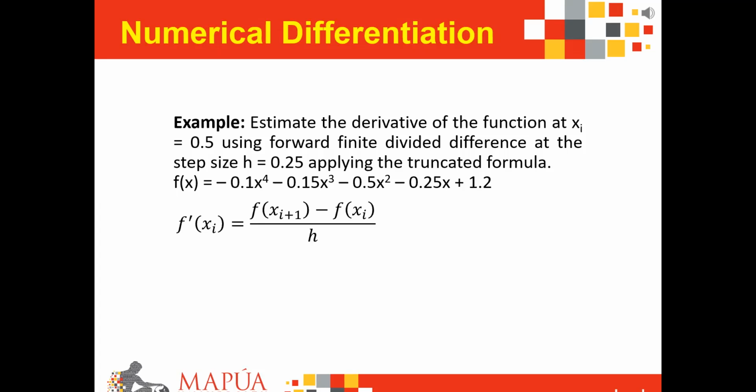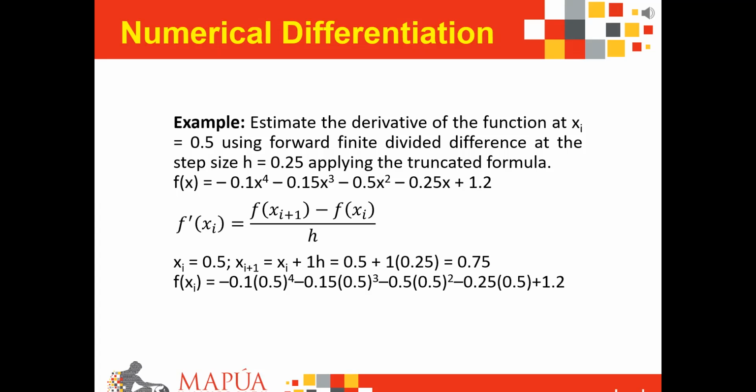Applying then the truncated formula requires us to evaluate xi and xi plus 1. In this case, our given xi was 0.5, and our xi plus 1 is now computed to be 0.5 plus 1 step size, which gives us a value of 0.75.